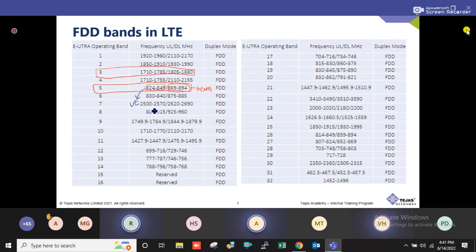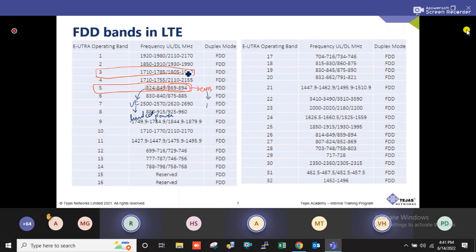Why is that? Because UE has limited power and eNode B doesn't have any power constraint. Whenever you go for higher frequency, it requires higher power. So you see a typical trend here, that the higher range of frequency is given to eNode B, and the lower range is given to UE.